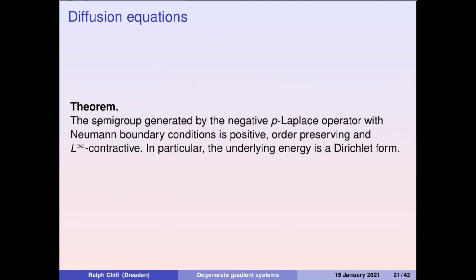When we apply this, for example, to the energy of the p-Laplace operator, that was one of the first examples, this semigroup is positive, order preserving and L-infinity contractive, and such semigroups or energies of this type I would call Dirichlet forms, nonlinear Dirichlet forms. There's a whole theory of Dirichlet forms in the case of linear elliptic operators, but here one can also characterize them in the nonlinear setting.